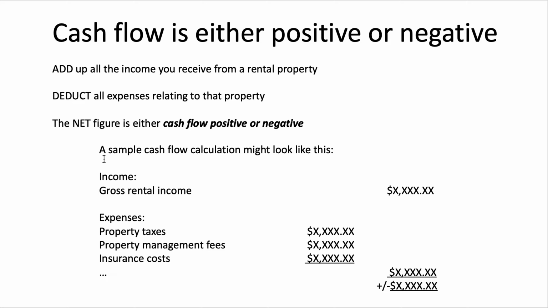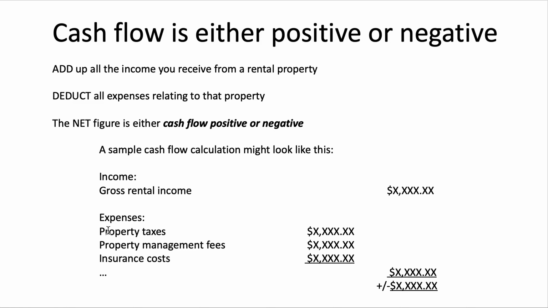So, a very quick sample calculation I put together might look something like this, where you get your income, which is typically your gross rental income, and this could be per month or per year or however you want to calculate that. That's up to you. And then you deduct all your expenses. I've put property taxes at the start because this is something that many people overlook.